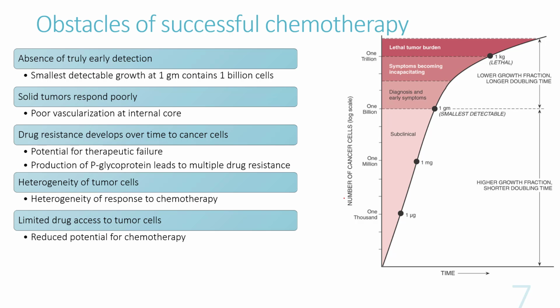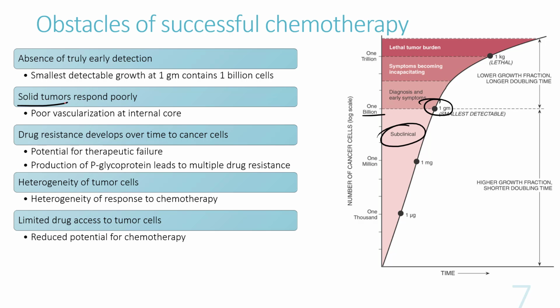So over here, what we have is obstacles to successful chemotherapy. So the first one is that if it goes below 1 gram or 1 billion cells, it becomes subclinical. So we don't really know whether the patient is symptom-free because all the cancer cells are killed, or whether the patient is symptom-free because there's less than 1 billion cancer cells.